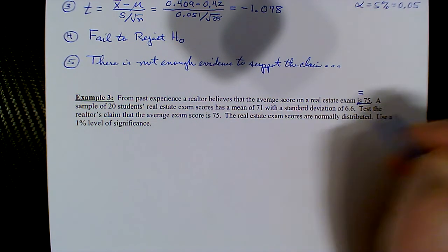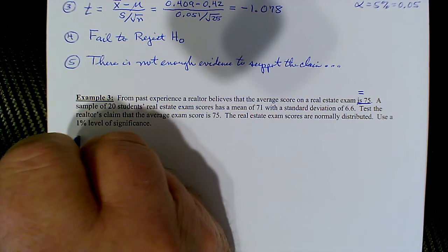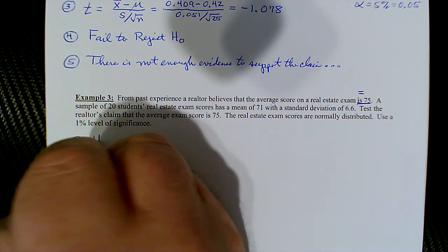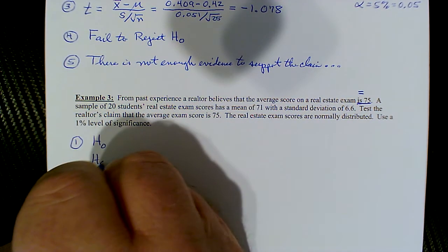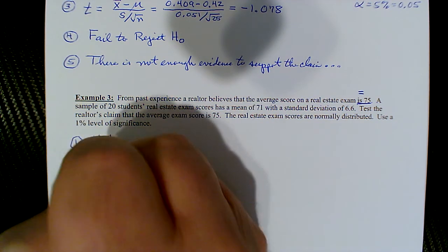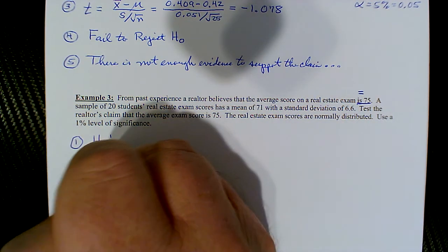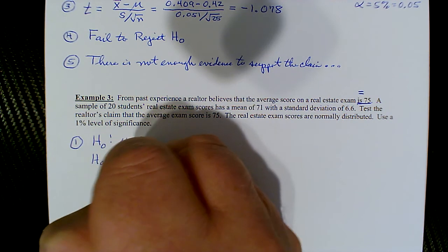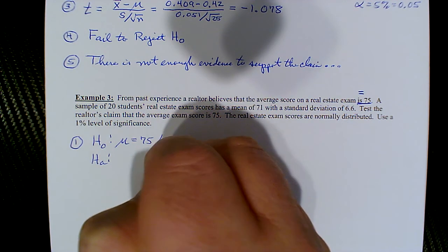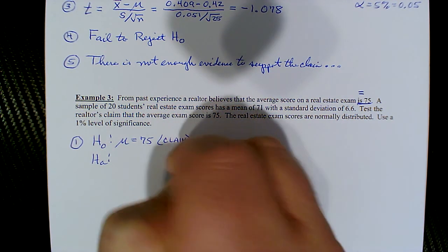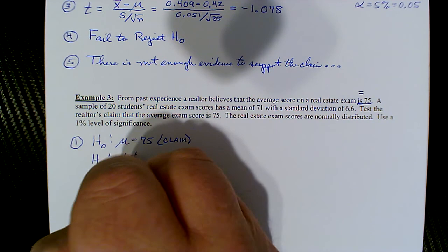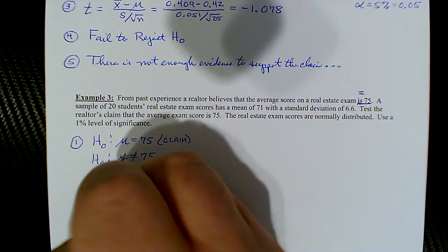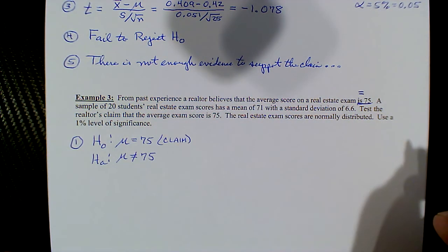So right away, you could actually state the hypotheses, H0 and HA, and identify the claim. Now it's equality, so that goes with the null. So mu is equal to 75 is the claim. And therefore, the complement, mu is not equal to 75, is the alternative.